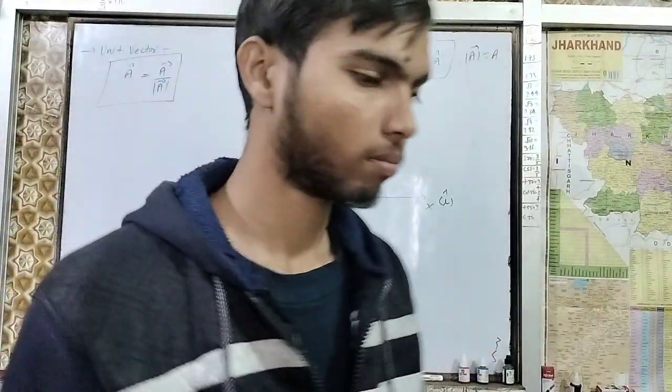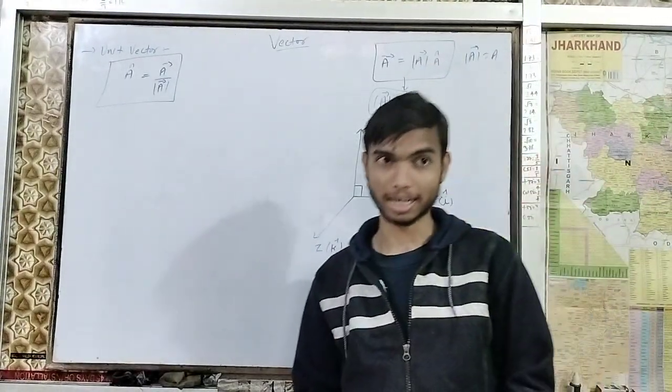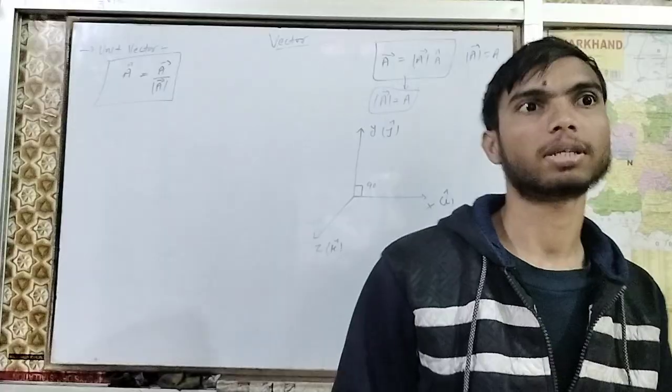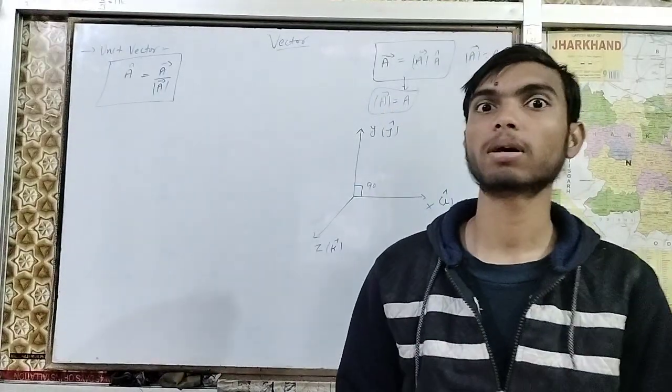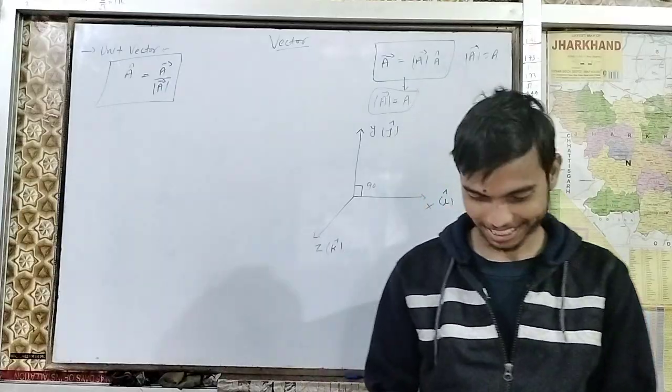Magnitude is, you know, one is hidden. One is hidden. As we see that multiplication by one is hidden with any number.